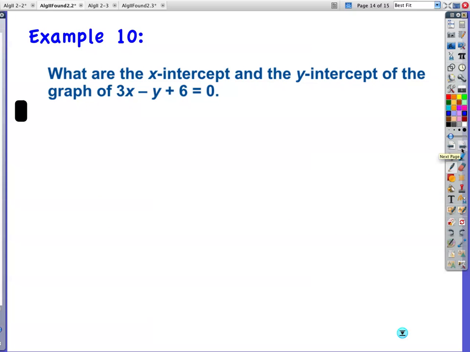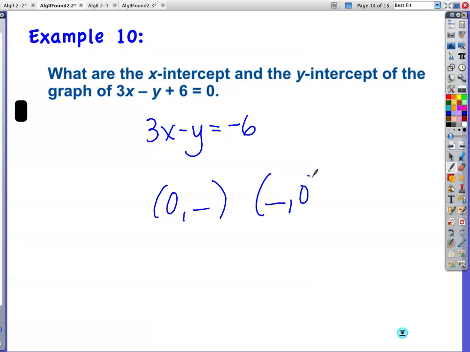Okay. Example 10. X and y intercept of the graph 3x minus y plus 6 equals 0. Okay. Once again, I'm going to go with that standard form. I'm just going to set it up like that. I have to subtract 6 from both sides. I want to know my x and y intercept. 0 blank, blank 0.